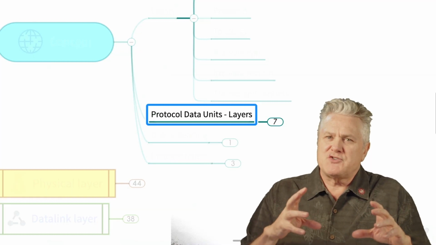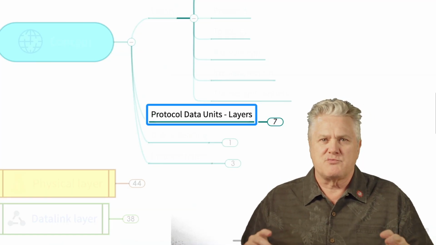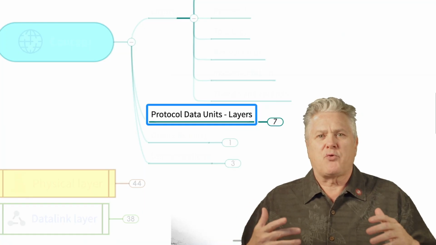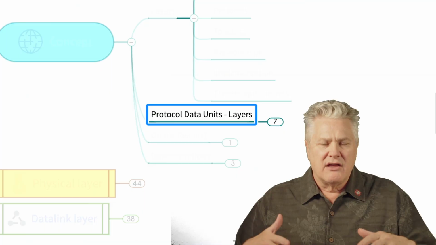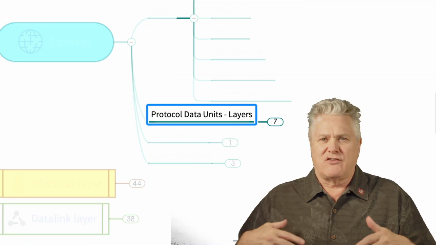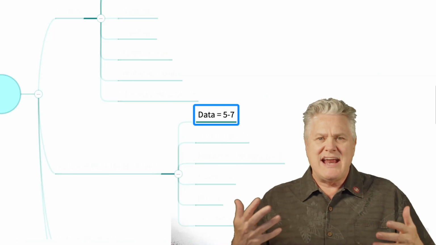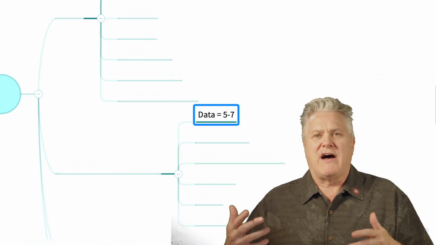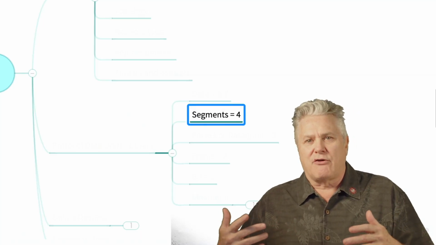Now, there was one special section that I didn't know where to put within the presentation, and I wanted to talk about that first, which is the names of the protocol data unit at their particular layer, because this is a big thing that gets thrown around a lot, especially if you're taking any kind of exams, because they'll use the word data when they're talking about layers 5 through 7, or they'll use the word segment when we're talking about layer 4.